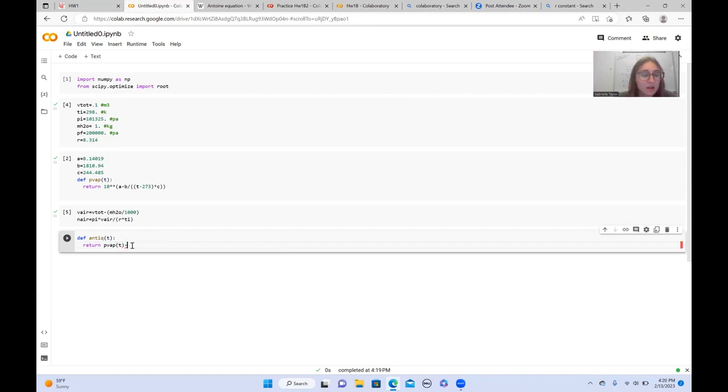minus, we have Pvap, and now what we're going to want to do is take our PI and divide it by 360, and this multiplies by T divided by TI, which is up on the board.